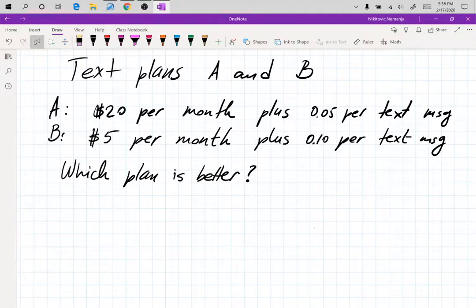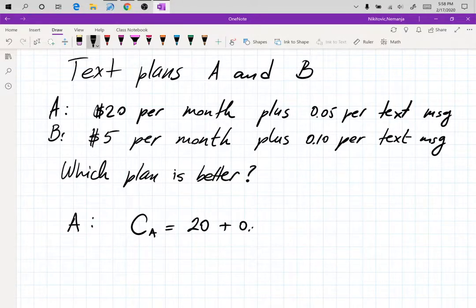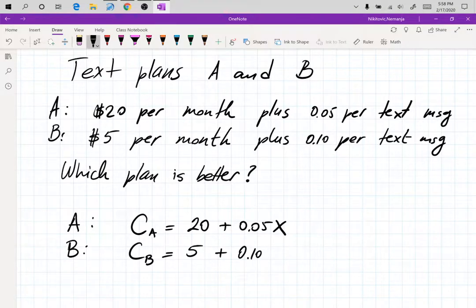So if I model plan A, the cost of plan A is going to be $20 per month plus 0.05 per text. Same equation we did earlier, right, with data. For plan B, I have $5 per month plus 10 cents per text.